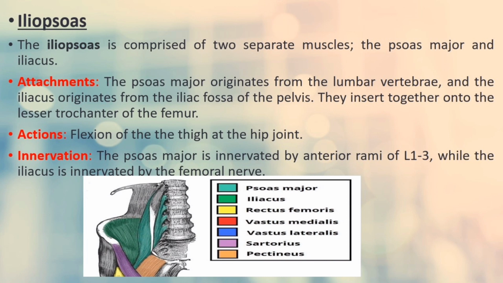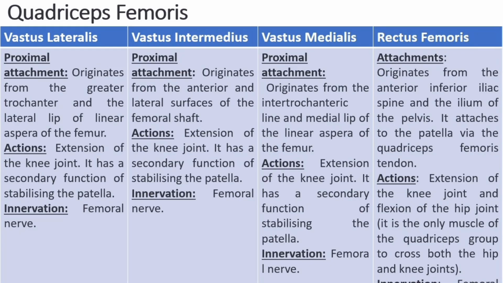They insert together onto the lesser trochanter of the femur. Actions. Flexion of the thigh at the hip joint. Innervation. The psoas major is innervated by anterior rami of L1 to 3, while the iliacus is innervated by the femoral nerve. Quadriceps femoris. The quadriceps femoris consists of four individual muscles, the three vastus muscles and the rectus femoris.